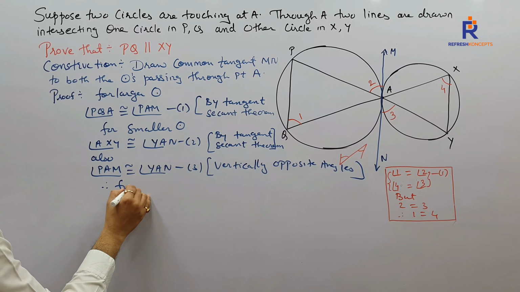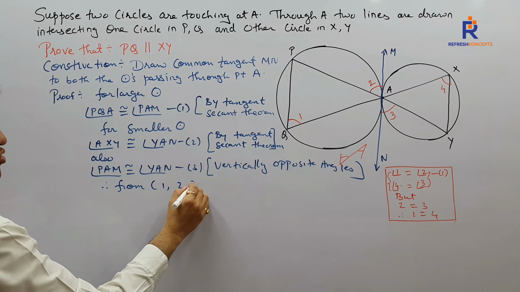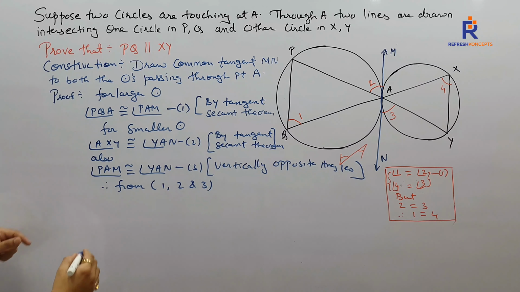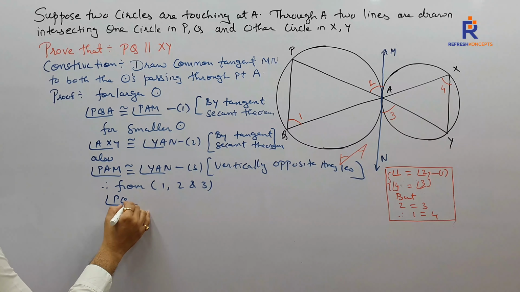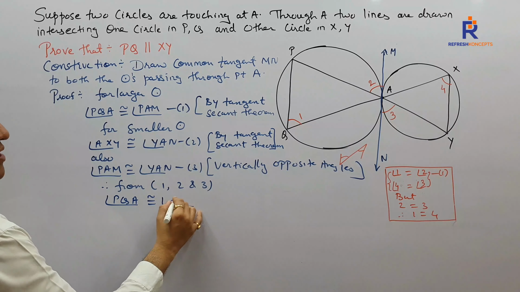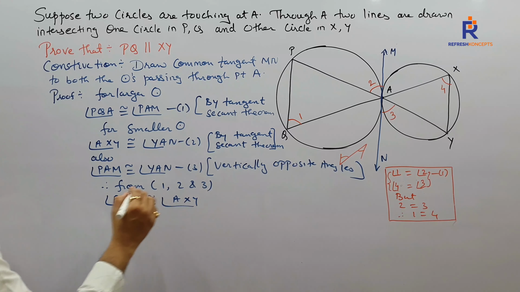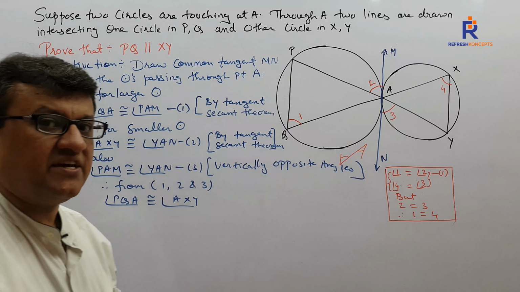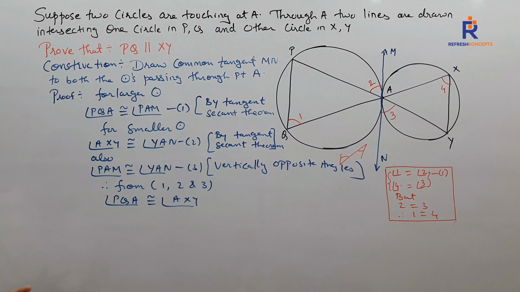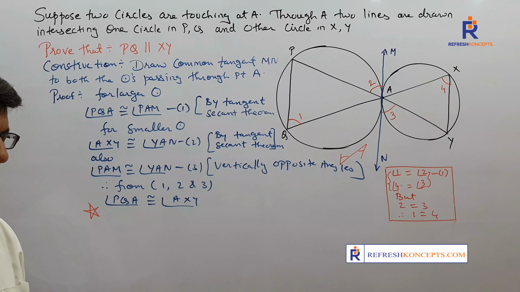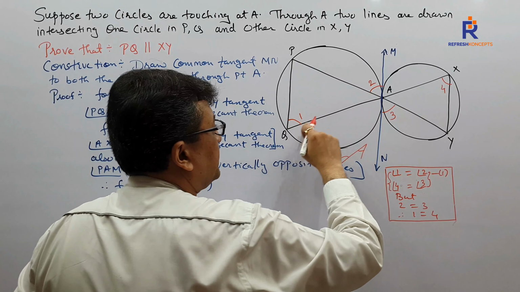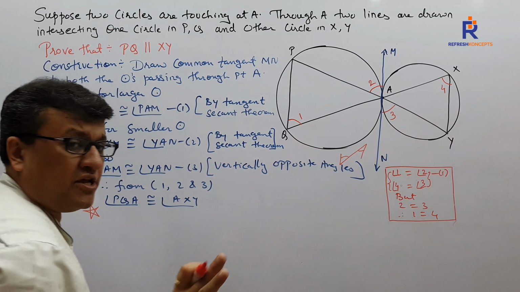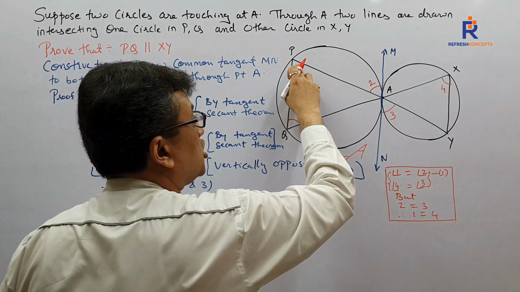Therefore, from 1, 2 and 3, can I say angle PQA is congruent to angle AXY? Children, we have to be very careful now. So I'll write down this step, important. I'll write it with a different marker so that you understand it and remember it. We have stated PQA, AXY, nothing wrong with that. But we don't have to stop at PQA.